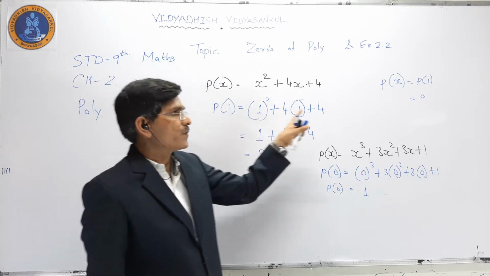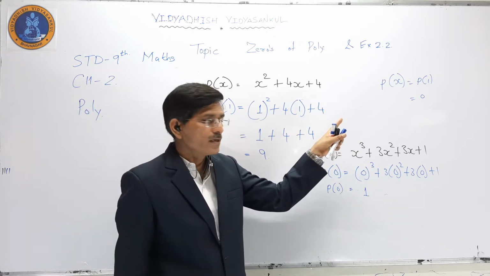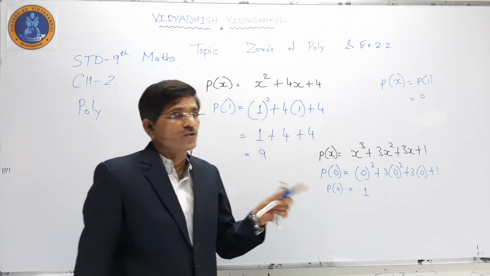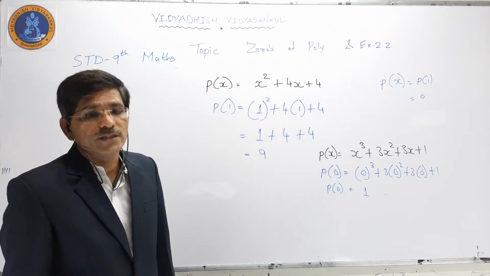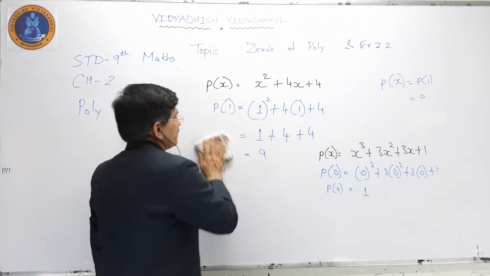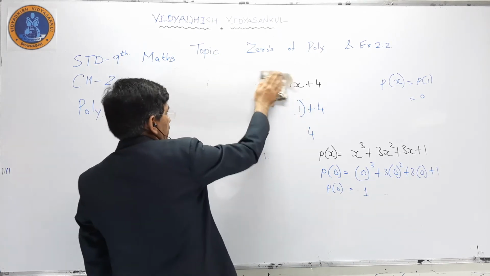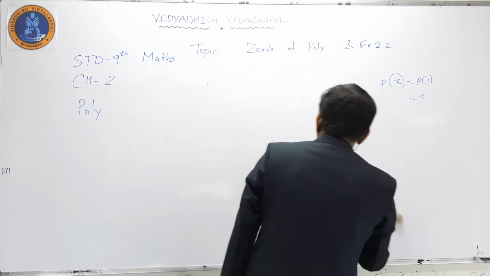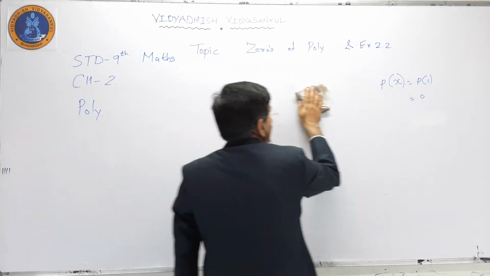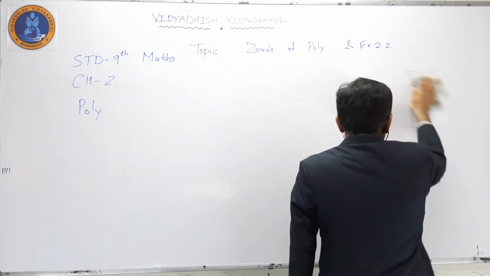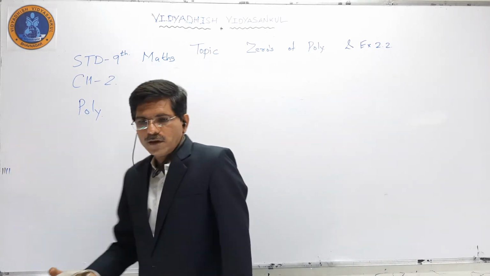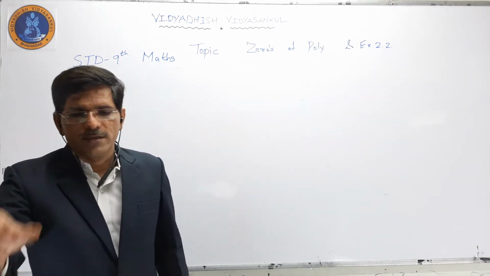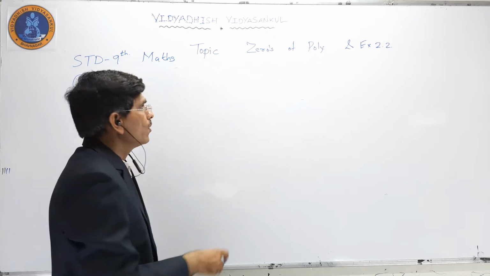So if I put a value and get 0, it is called a zero of the polynomial. But how to find zeros of polynomial? That we have to see. It is given as an example in your text. The topic is find zeros of polynomial.